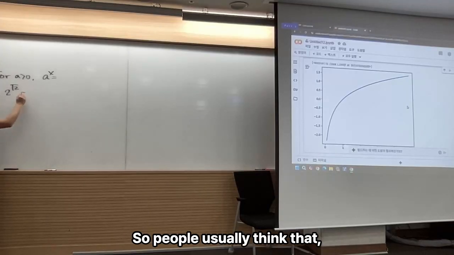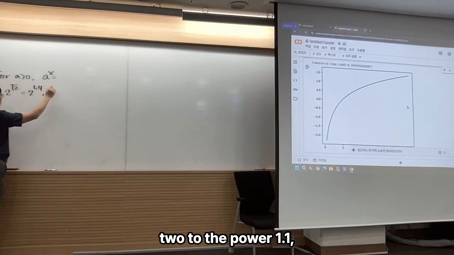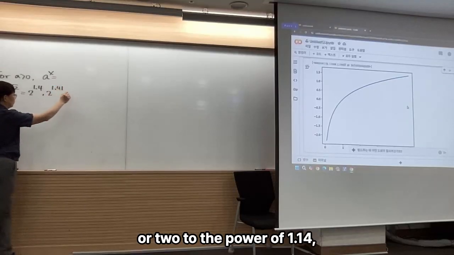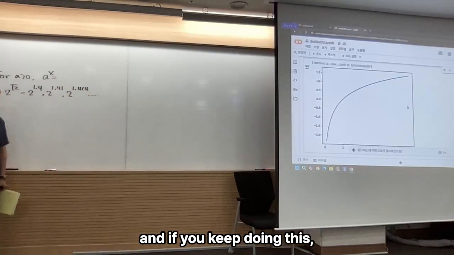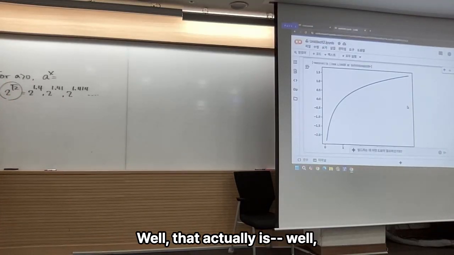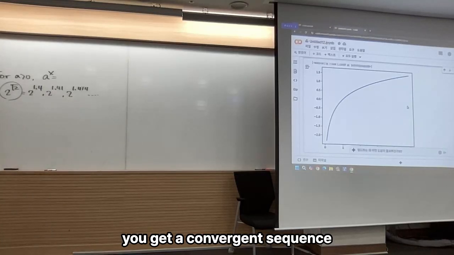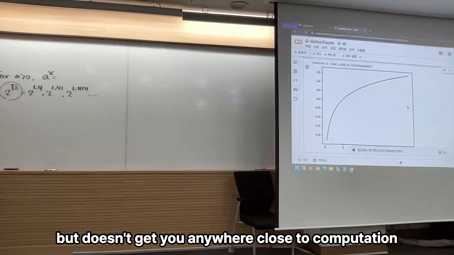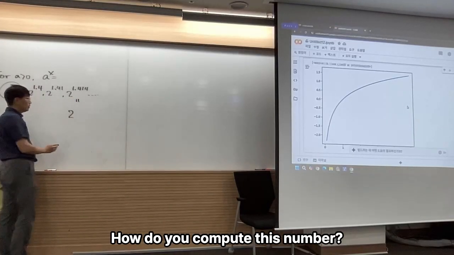So people usually think that, okay, this is like 2 to the power 1.4, or 2 to the power 1.41. And if you keep doing this, you get some number, and that's 2 to the power of square root of 2. Well, the fact is true that if you do this, you get a convergent sequence, but it doesn't get you anywhere close to computation, because how would you compute this number?